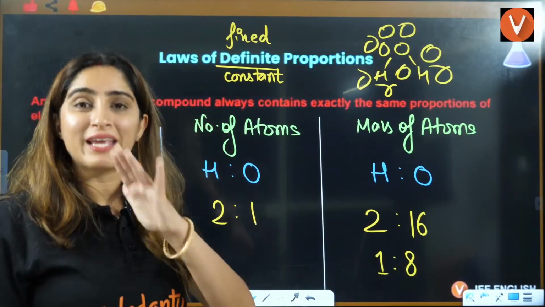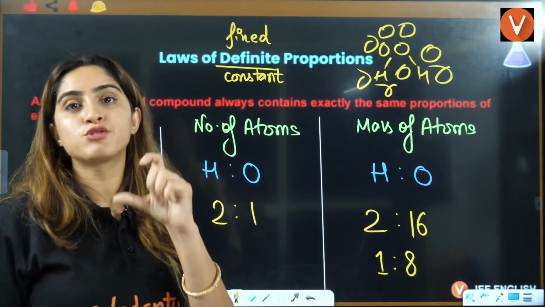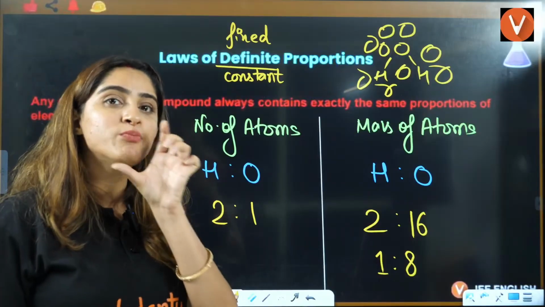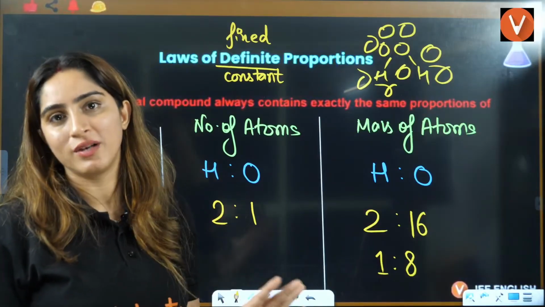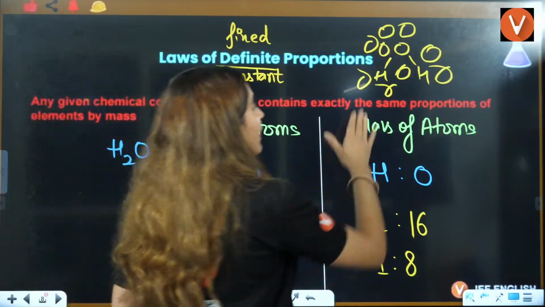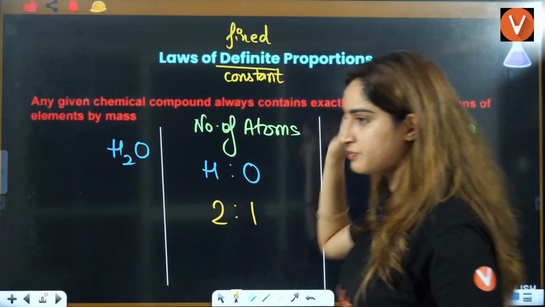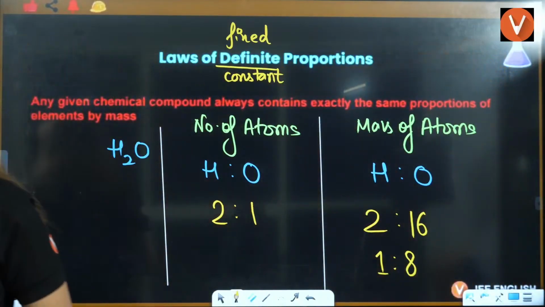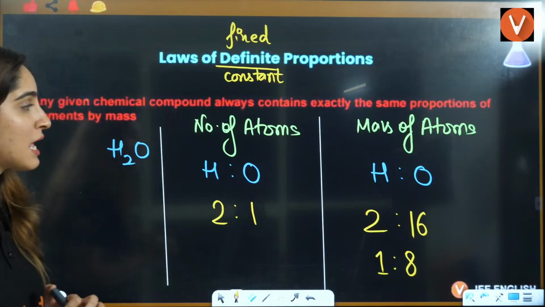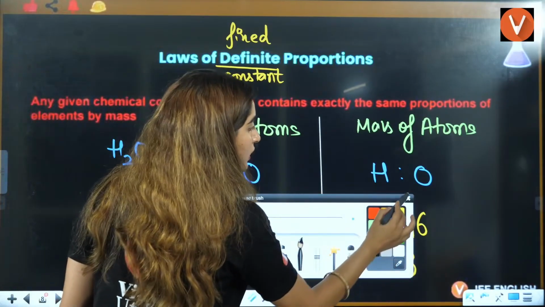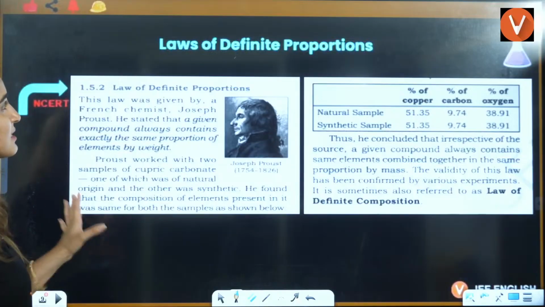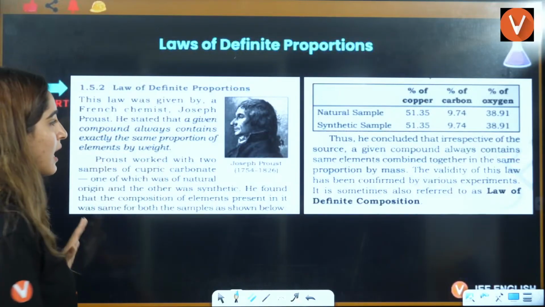Impurities are not breaking the bond of oxygen and hydrogen in water, so that molecule remains the same, and we are talking about the formula of that molecule of water. Understood?